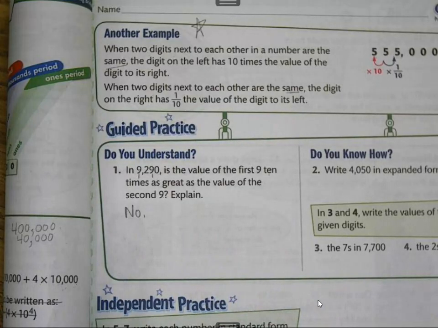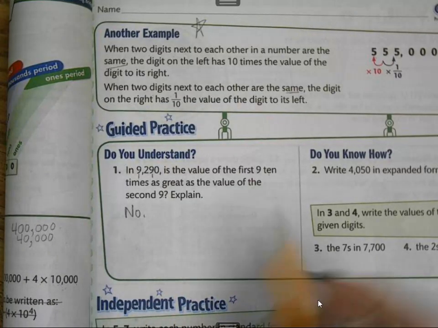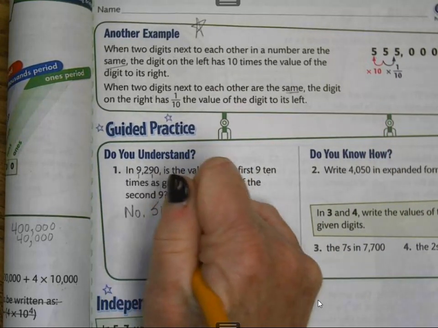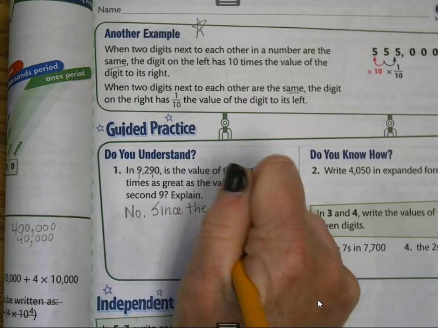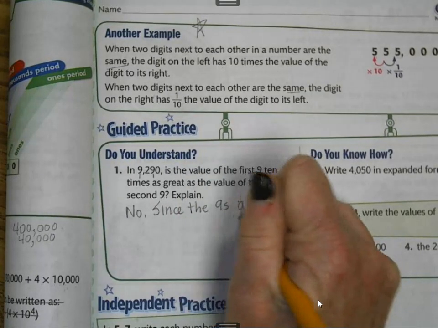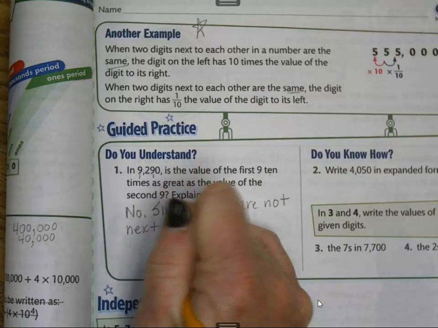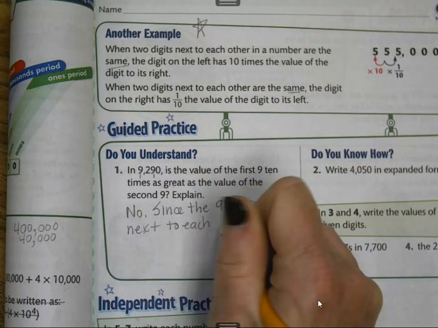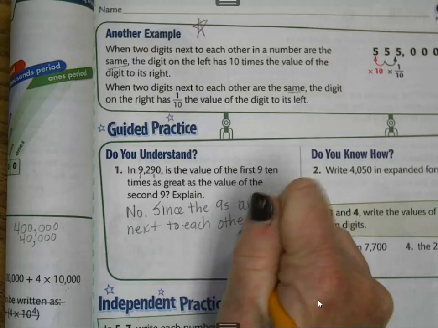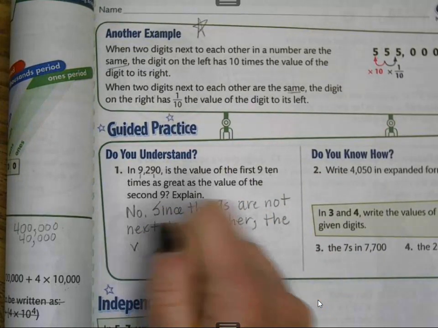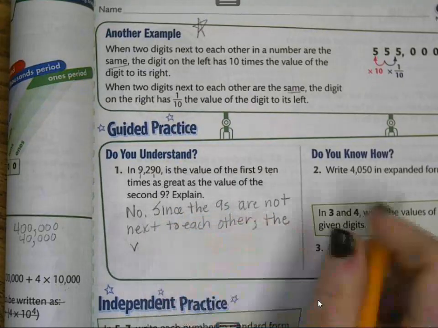Remember, they have to be beside each other, next door neighbors. So no, let's make a note that since the nines are not next to each other, the value of the first 9 is not 10 times the value of the second 9.